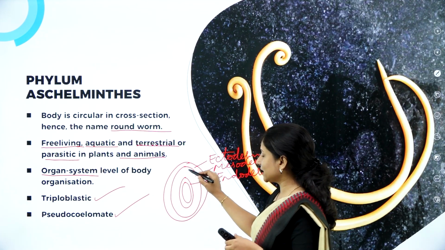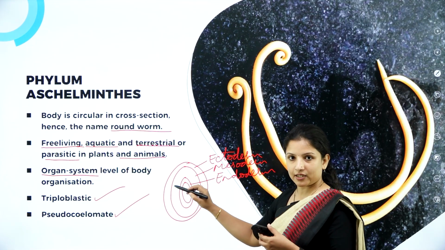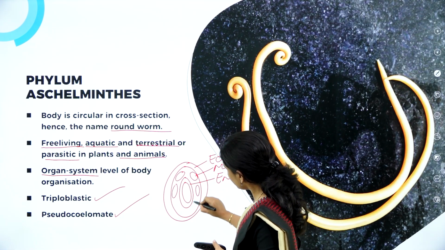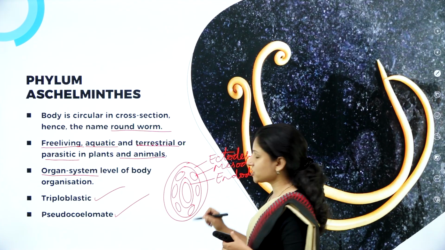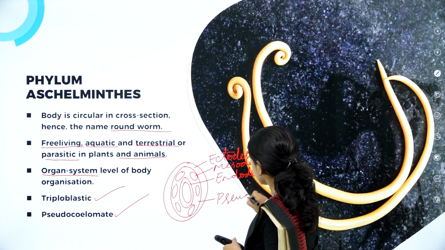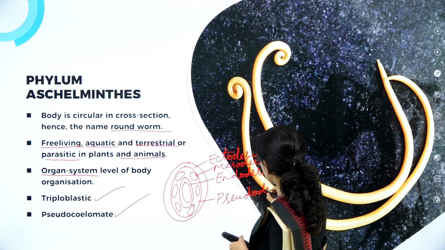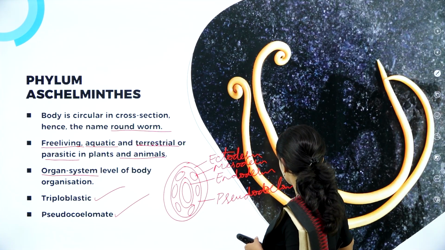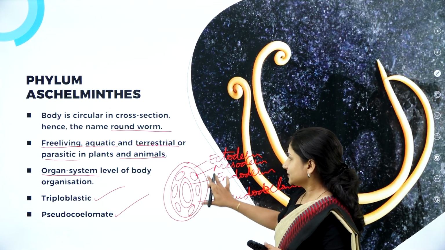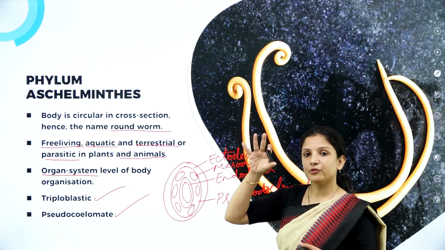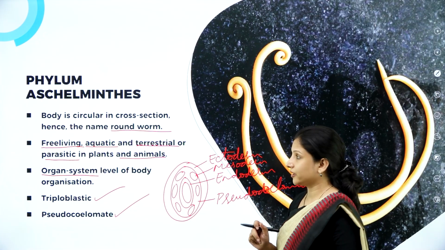But in this, the cells are not continuously arranged. There are patches of cells that are present like this, wherein in between there are gaps. So such a body cavity is called pseudocoelomate, wherein the cells are not continuously arranged in the middle layer, but are distributed in the form of patches here and there.